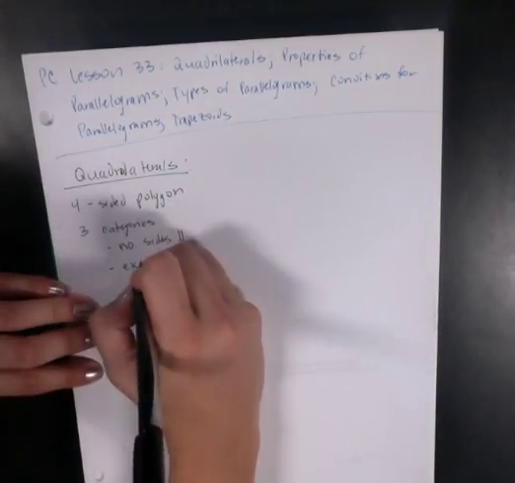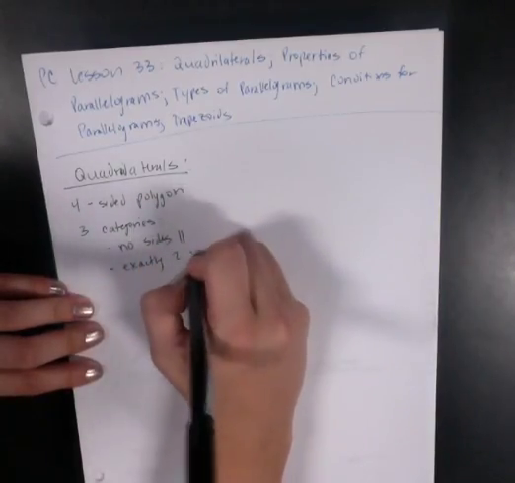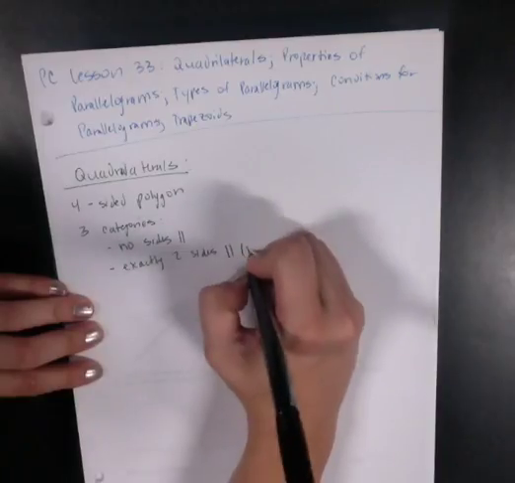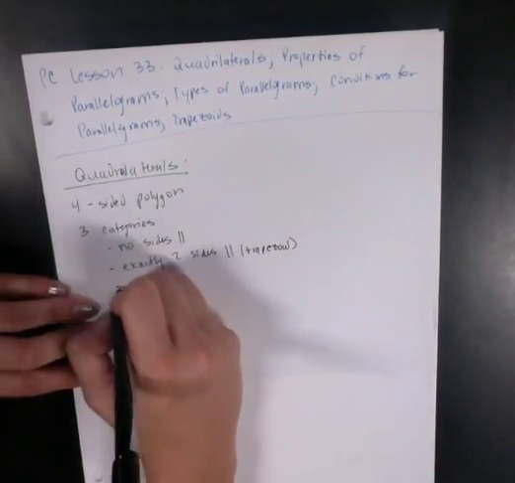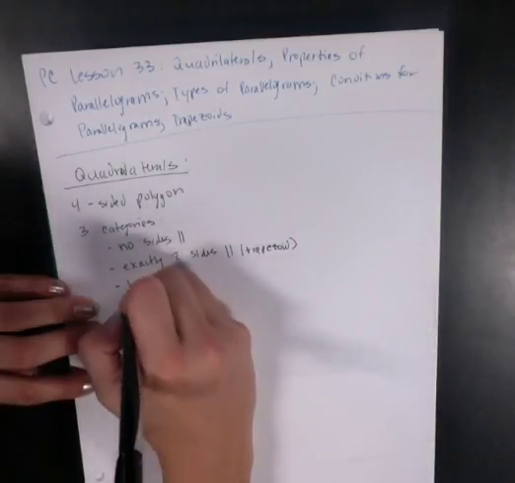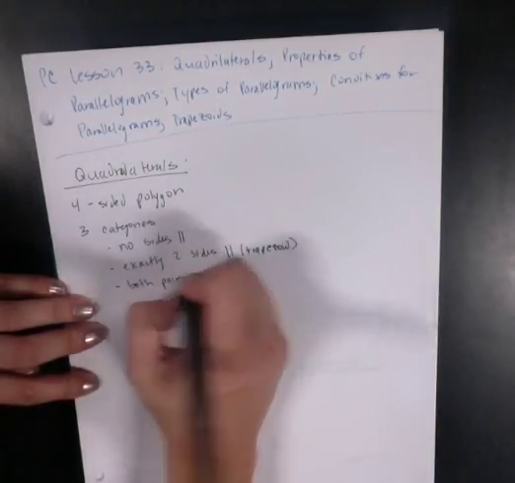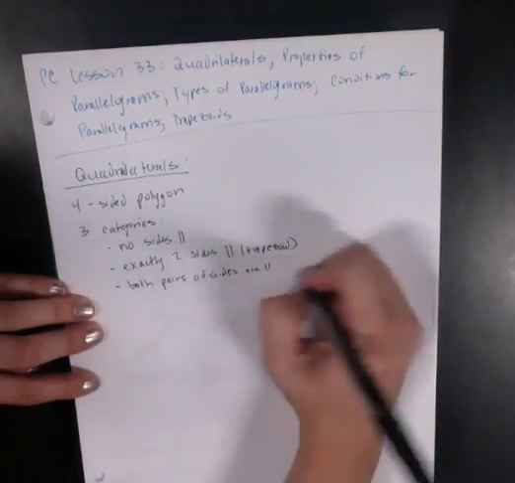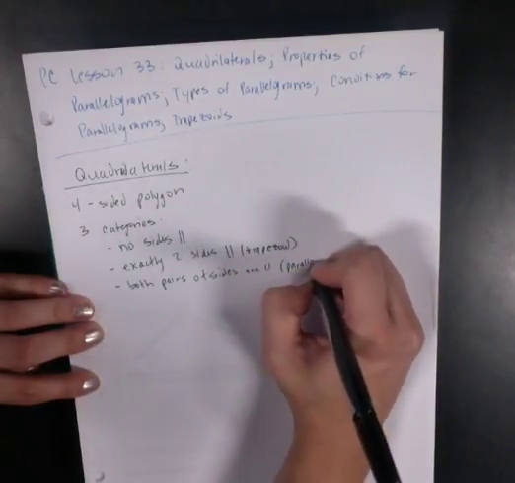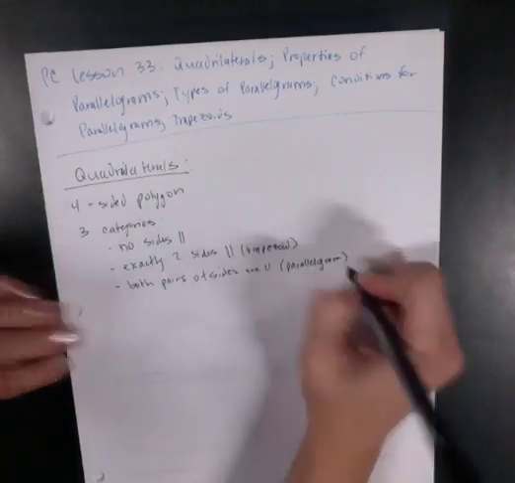One where exactly two sides are parallel. That's a trapezoid. And one where both pairs of sides are parallel, and that is a parallelogram, hence the title.